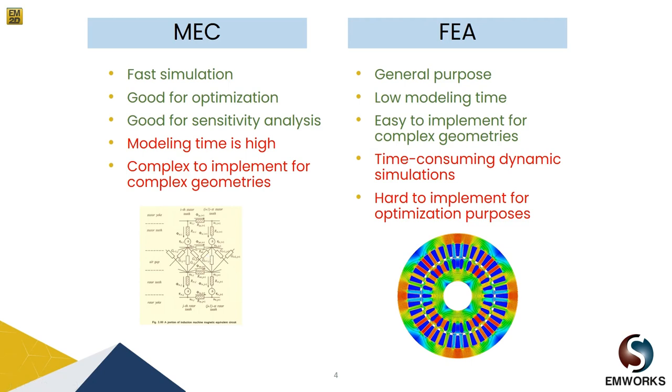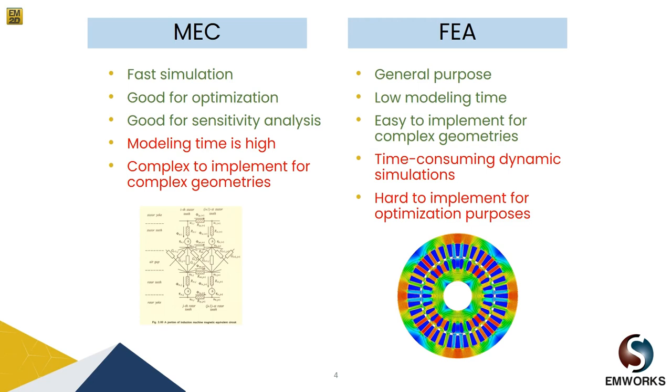Because the number of mesh elements, the number of circuit elements, is low, the dimensions of the solution matrix are not too high and you can solve it in a short time, and that is a good property when we want to do dynamic simulations, right? Because in dynamic simulations, if we want to get good waveforms, we should use a low time step, right? The time step should be fine enough.